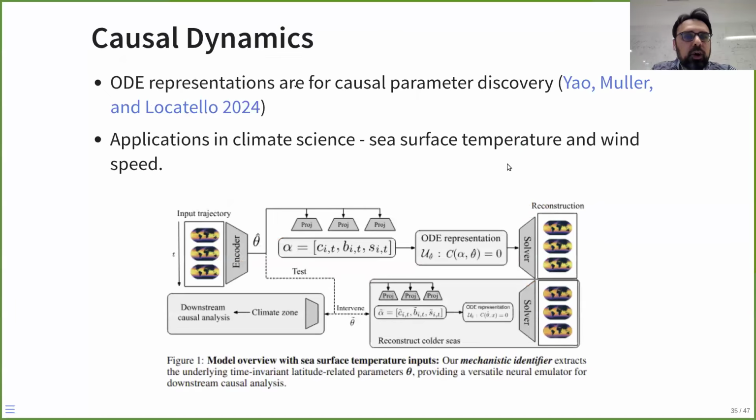Another application is in causal dynamics, where ODE representations are used for causal parameter discovery. This is not my work, but work done in our lab, and it uses my method.